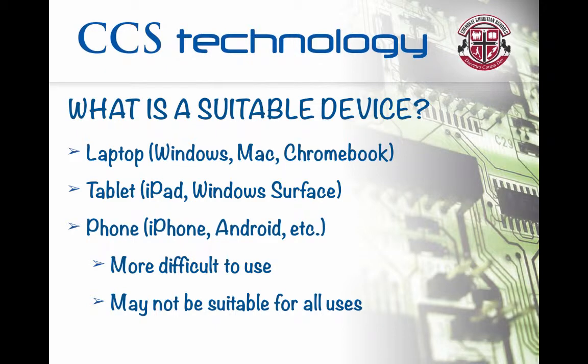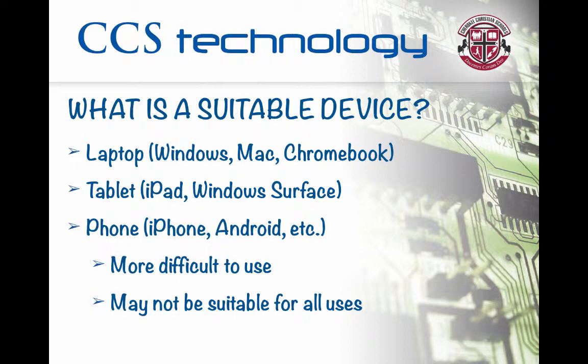Now, we don't tell students they cannot bring them. In fact, many of the students who have the other devices use their phones as secondary devices sometimes, and that's fine. And if all they bring is a phone, that's fine. We just tell the parents up front it's going to be more difficult for your student to do what they need to do if all they have is a phone.